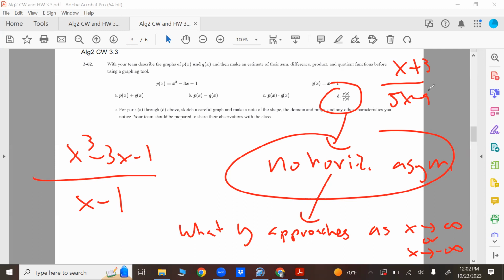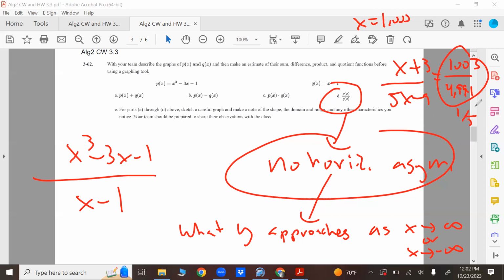So if x equals 1,000, that's like 1,003 over 4,991. Overall, that fraction gets closer to 1/5 because of the exponents. The exponents on these x's are the same. So basically, the leading coefficients help determine the horizontal asymptote.